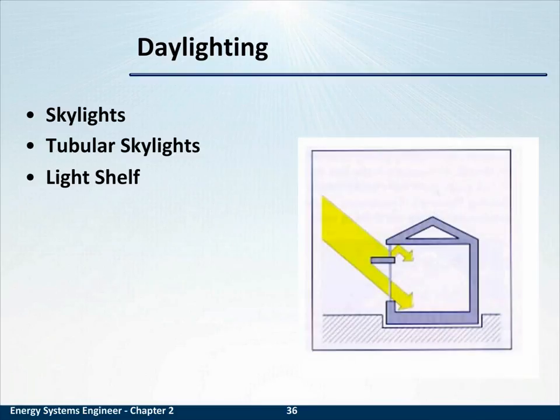The third daylighting is pictured here in a light shelf. A light shelf is a configuration that allows daylight to come in through the bottom of the window, but the daylight through the top is reflected up onto the white ceiling and diffused further into the room.